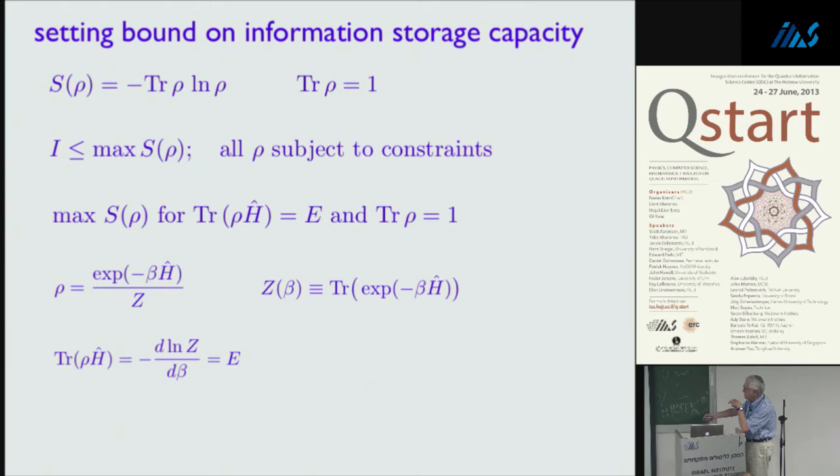That can be done by this particular formula, setting it to E, which is the number given. This will give you some particular value of beta, which you insert in the formula, and this will give you the total entropy, which is the bound on the information. This is the way you would do this particular problem.